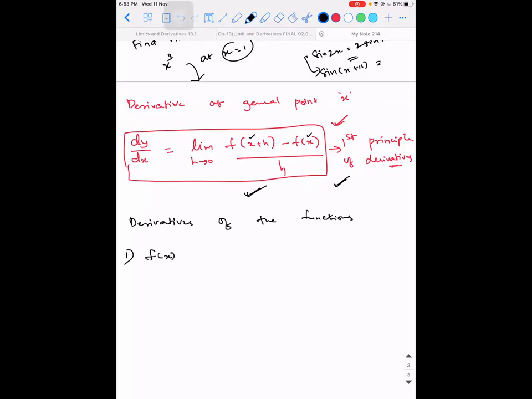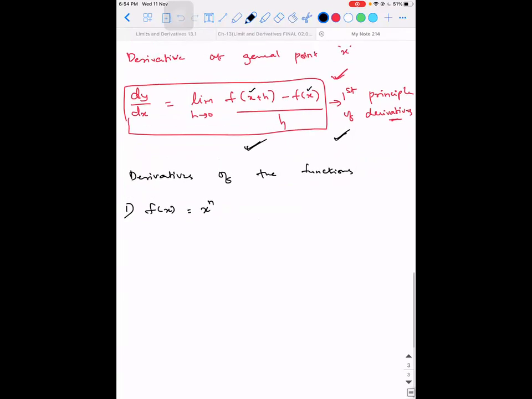First, f of x is equal to x power n, where n is an integer, or it can be anything actually. f of x is equal to x power n. I'm going to find the derivative of the function f of x is equal to x power n using the first principle. Look at the way I'm going to do it.